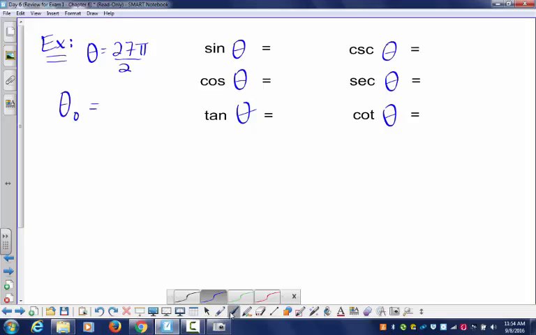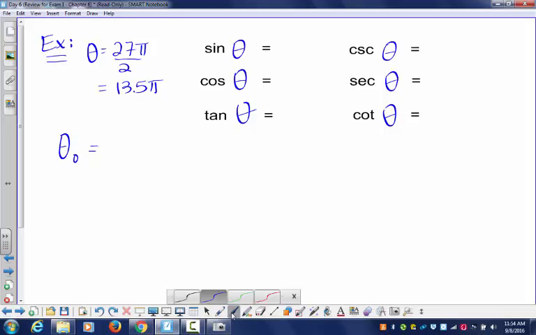Okay, so 27 pi over 2. How many full revolutions are we going to do? If you want, you can think of this as 13.5 pi. I'm not sure if that helps or not, but it might. So we have to subtract off 2 pi's to get coterminal angles.